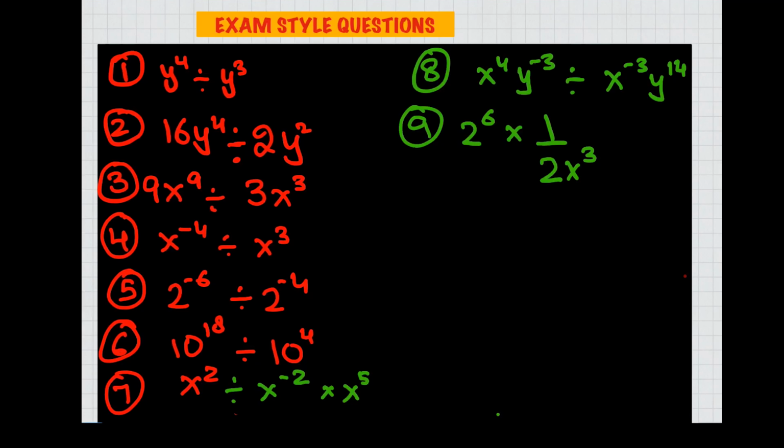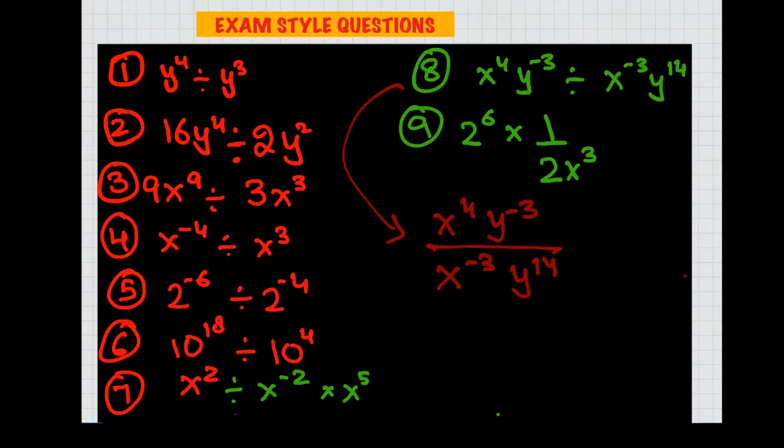So I'm going to do now question number 8 for you as well, please. So question number 8, if you write it, x to the power 4 y to the power minus 3 is divided by this part. So I can simply write it underneath that, which is x to the power minus 3 y to the power 14.